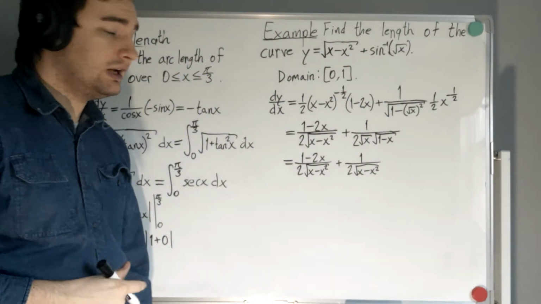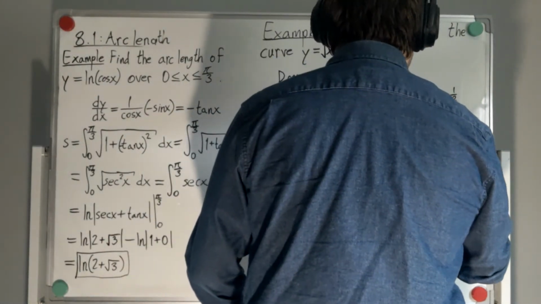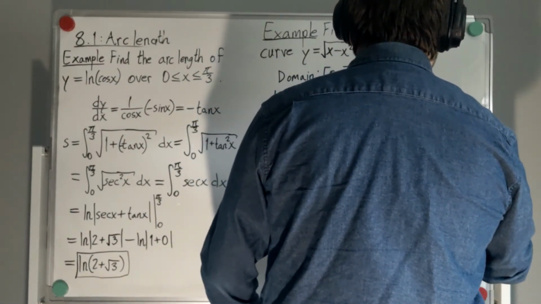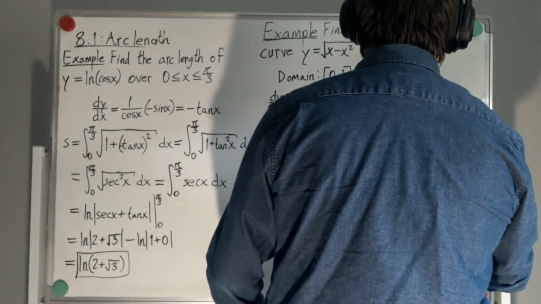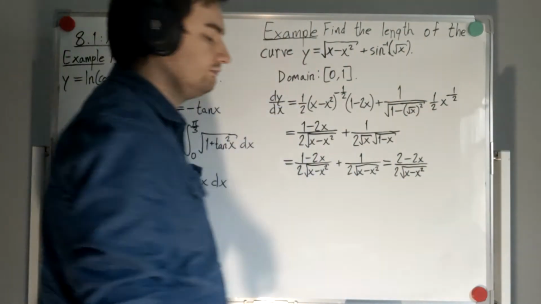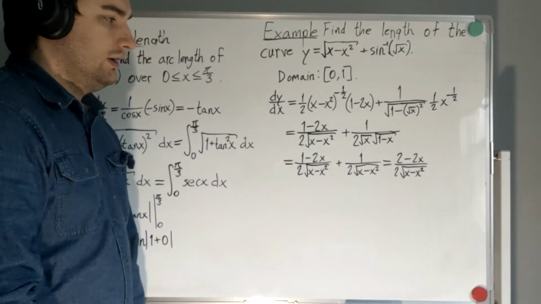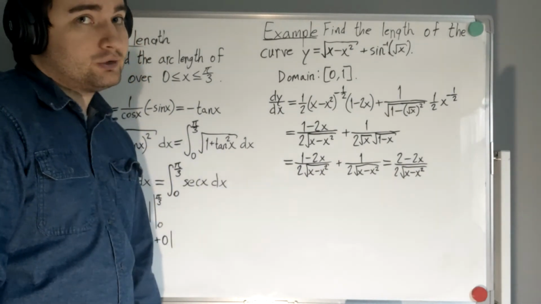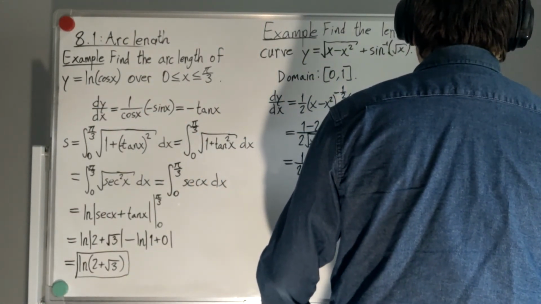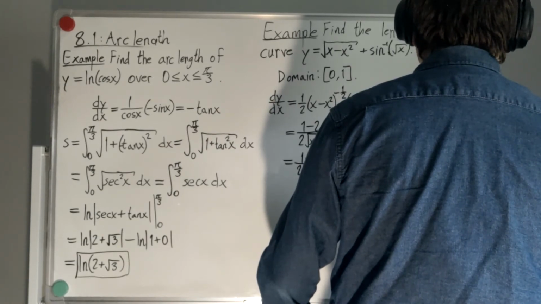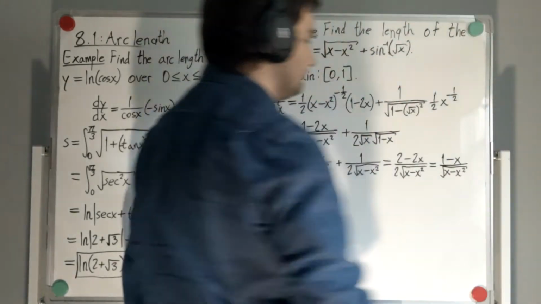And they happen to have a common denominator, so you can put the numerators together. This becomes (2 minus 2x) over 2 root (x minus x squared). Then you can cancel a factor of 2 from top and bottom, and this becomes (1 minus x) over the square root of (x minus x squared).